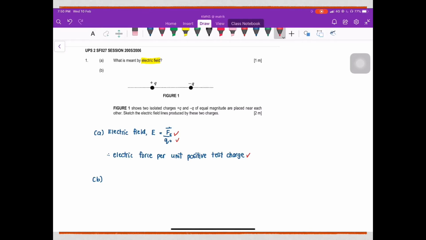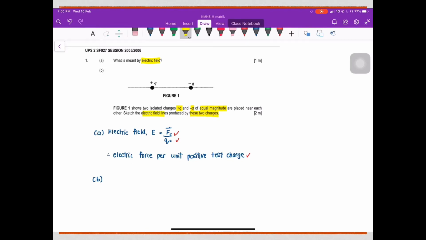Next, 1B. Figure 1 shows two isolated charges, positive Q and negative Q, of equal magnitude. Sketch the electric field lines produced by these two charges.